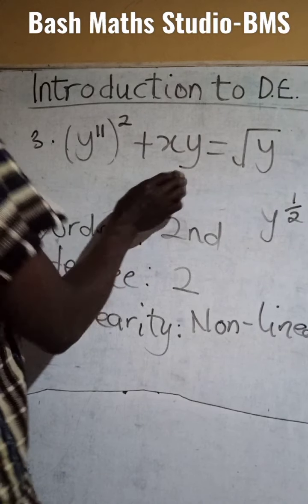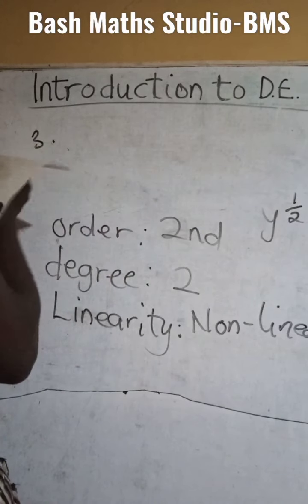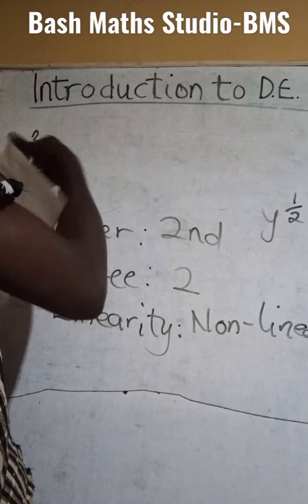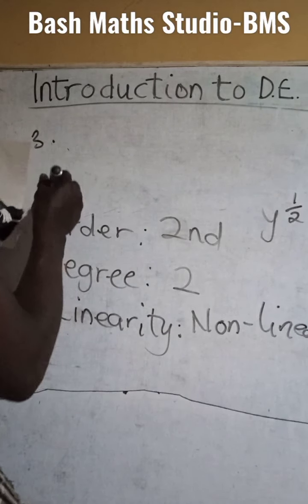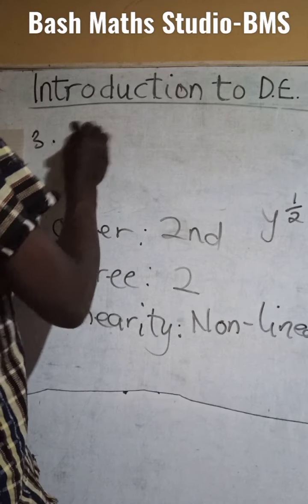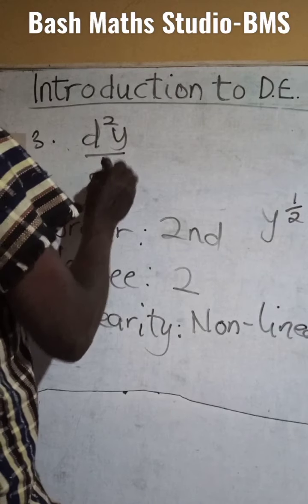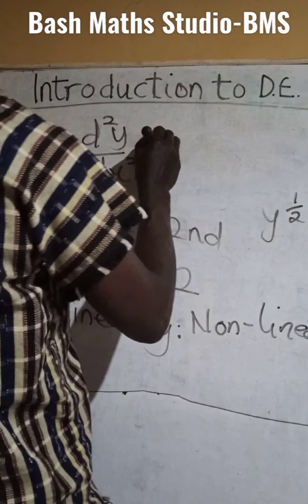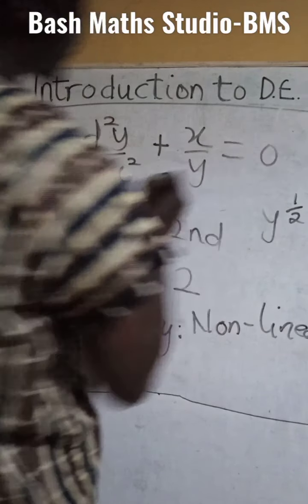And then let's move to the next equation. I think this is also obvious. So we have this equation: d squared y over dx squared plus x over y equals 0.